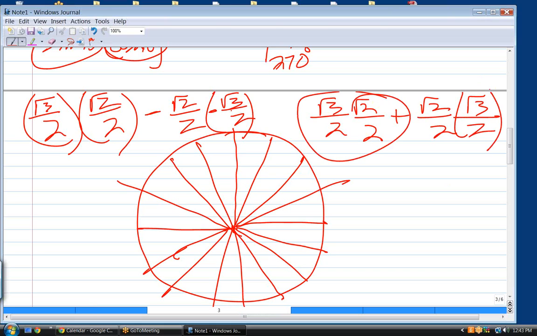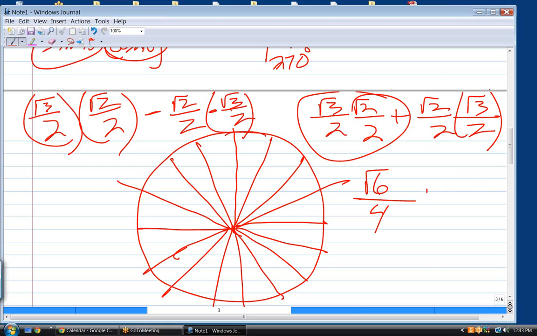Multiply numerators and denominators. If I multiply square root of 3 times square root of 2, that's just square root of 6. Oh, okay. So it was square root of 6 over 2? Over 4. You got to multiply the denominators also. We're multiplying, not adding.